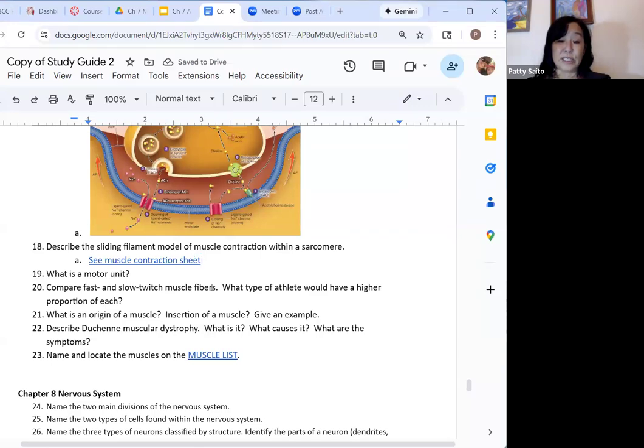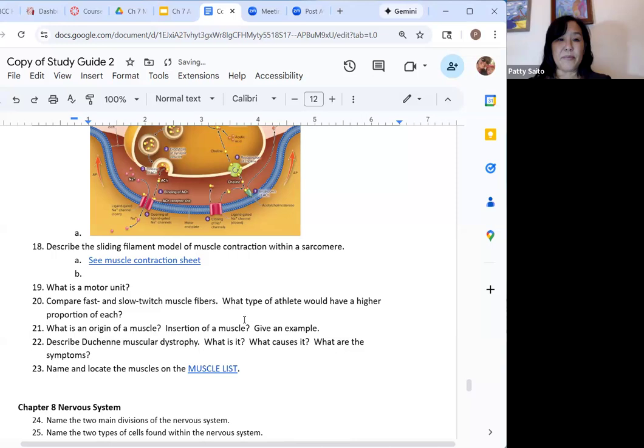See the muscle contraction sheet. Now, I think this is linked here, but also you can go into the ungraded resources, lecture resources, and find this sheet. And what it does is it outlines the steps to muscle contraction. And in fact, maybe I'll put them here. I'll go ahead and list the 10 steps for muscle contraction.